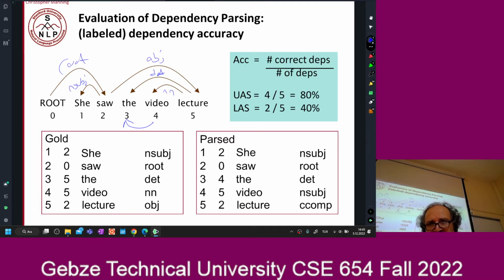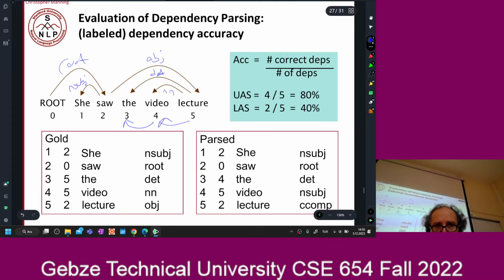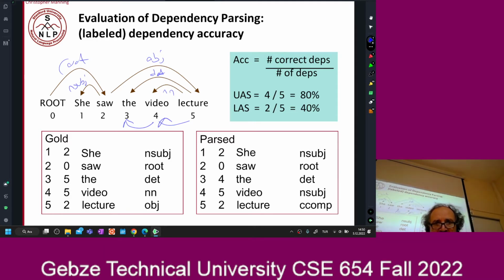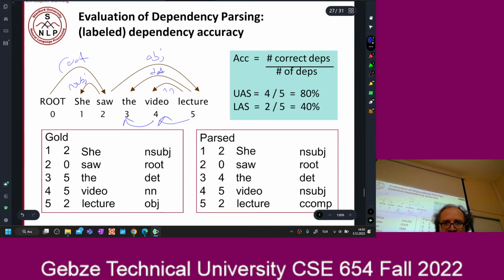There is a 4, 5, lecture video. And then 2, 5 is the C comp. Oh, no. What is 2, 5? Lecture. This one says the combining of two sentences. This one says the object.